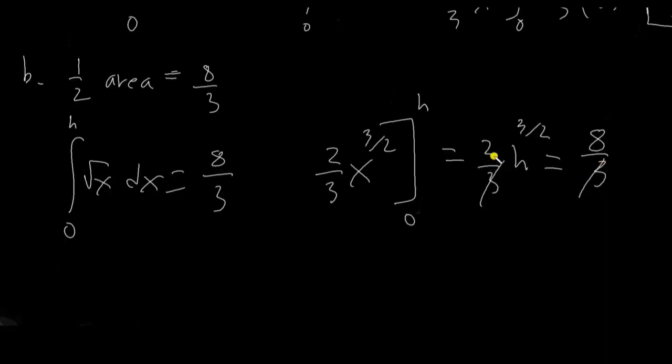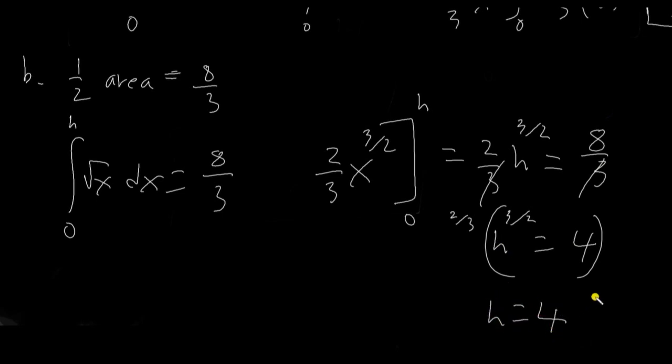The 3's are going to cancel. The 2 and the 8 are going to make a 4. So h to the 3/2 equals 4, and then raise everything to the 2/3 power to get h equals 4 to the 2/3. There are some alternate forms of this, but if you got the same answer, you'll be fine. And getting this correct number would be the second point.